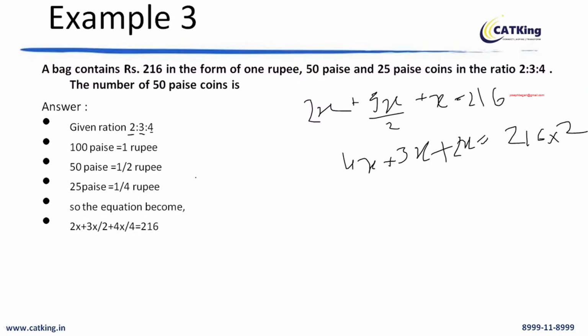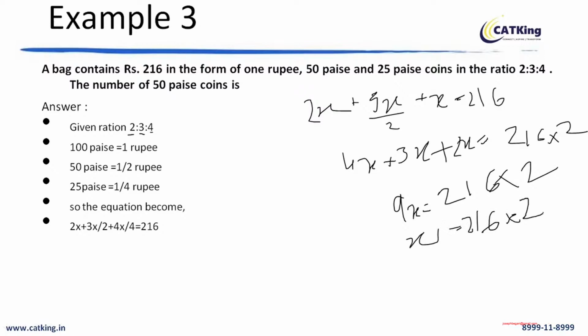So 4x plus 3x plus 2x is equal to 7x plus 2x, which is 9x, is equal to 216 into 2. So x is equal to 216 into 2. Let's not multiply these and make our calculations difficult. We can keep them as they are. Alright. So x is equal to 216 by 9.